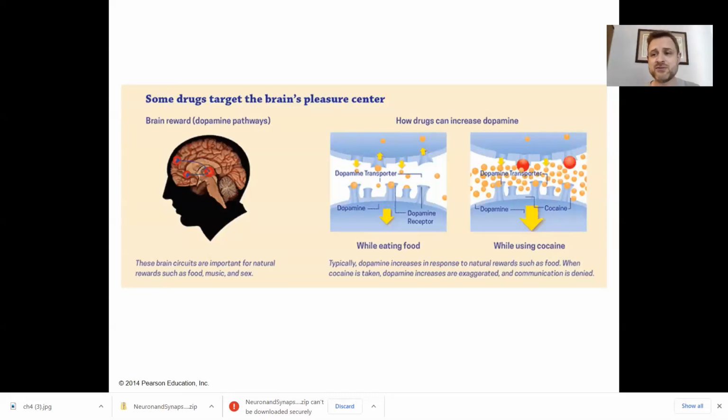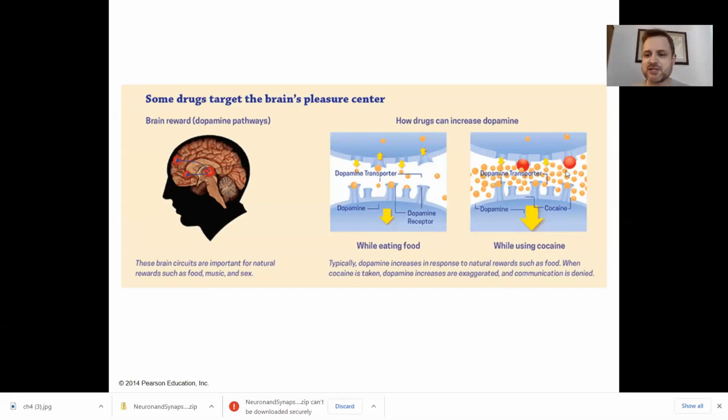You have two choices: either you get eaten and you die, or you don't die. So your body rewards you for the effort you expended to run away from the cheetah with the dopamine pathways of your brain. So again, things like eating, the runner's high, sex, the things that cause your brain to release dopamine, okay? It's a natural part of your brain's chemistry.